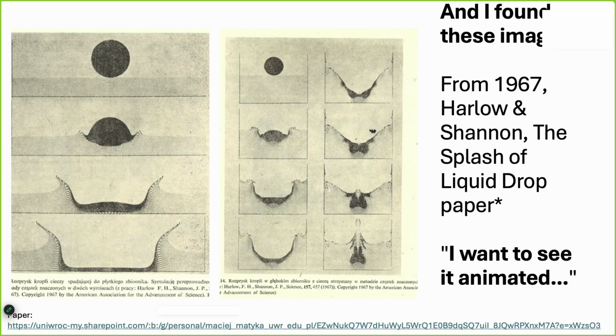These pictures in the book were reproduced from the famous work of Harlow and Shannon, the '67 paper. The method used in the paper to simulate the splashing droplets was the marker and cell method, developed at Los Alamos T4 group of Harlow and Welch.